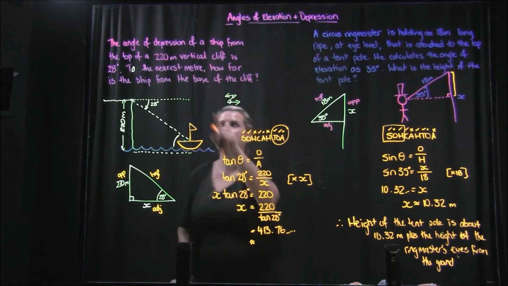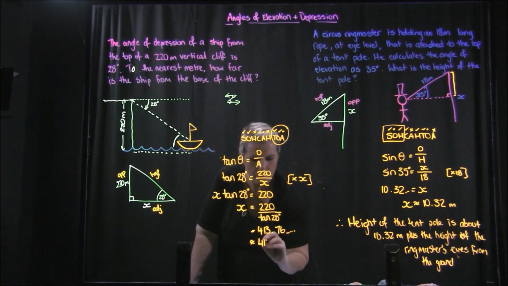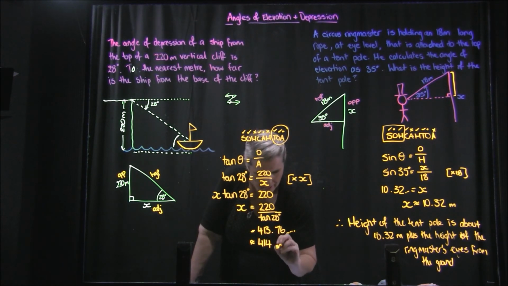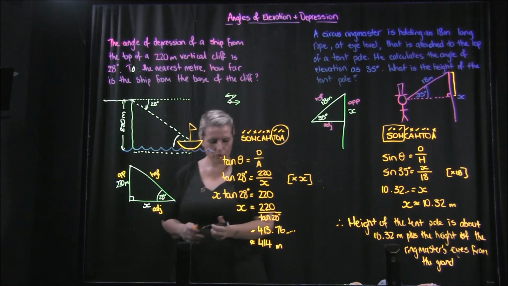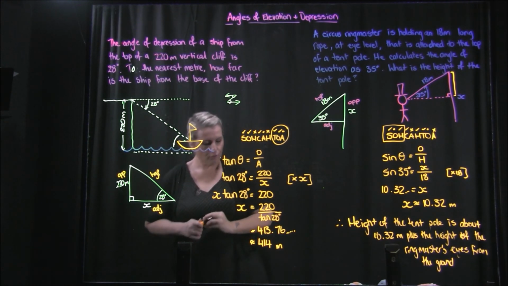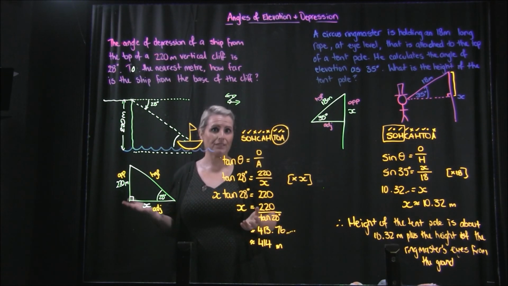Because it says to the nearest meter, I'm going to say 414. That 0.76 just tells me to round up. So I am 414 meters. Therefore, the ship is 414 meters from the base of the cliff.